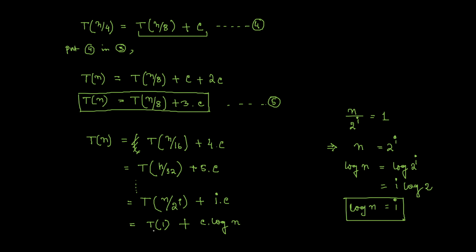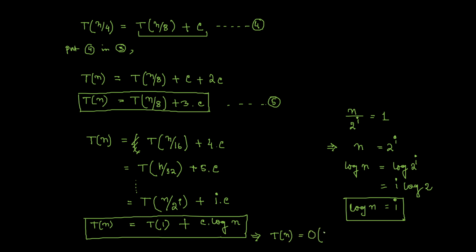So from this expression of T of n, we can say definitely this constant value will vanish, and this c will also vanish because it's a constant value. So from here I can easily say that T of n will follow order of log n.